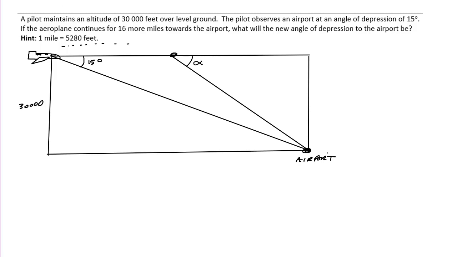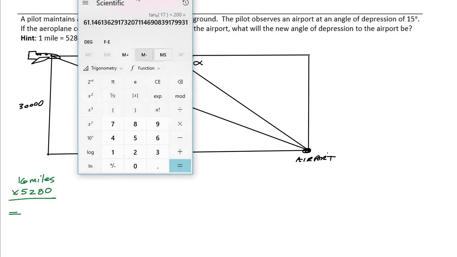To do that, first, why don't we convert? One of our units is in miles, the other one's in feet. So I'm going to convert 16 miles first. 16 miles. If I multiply it, it says in the hint, 1 mile is 5,280 feet. So let's multiply by 5,280. 16 times 5,280 is 84,480 feet.